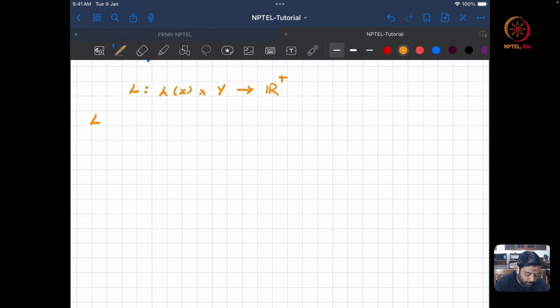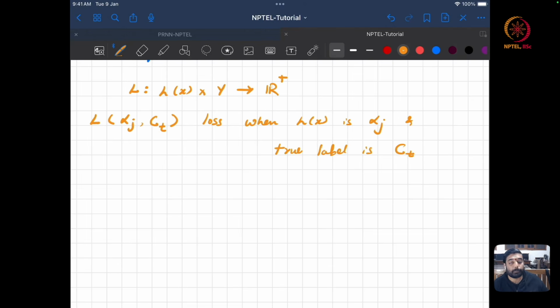Let's say that the loss when the decision the hypothesis function takes is alpha j, but the actual label is Ct, is the loss that is incurred. So this is the loss when the hypothesis function says alpha j and the true label is Ct.